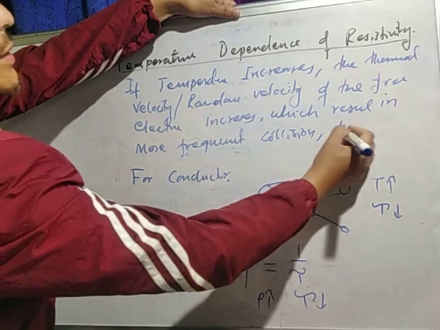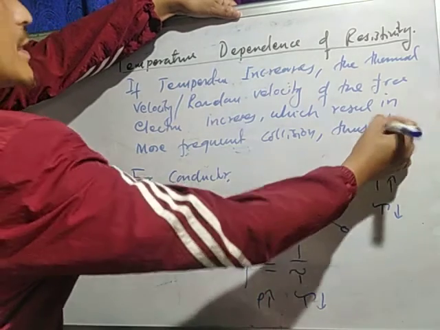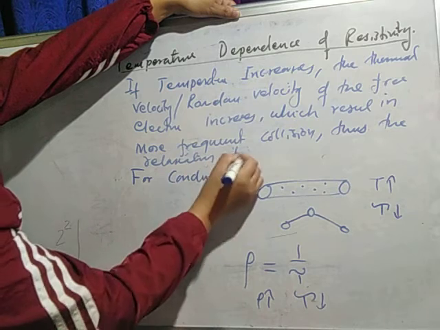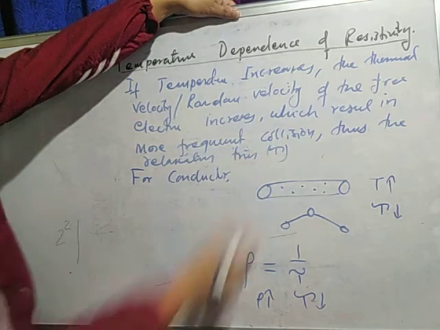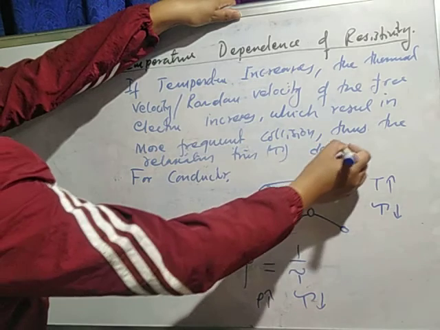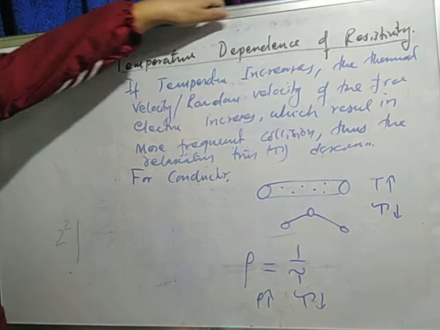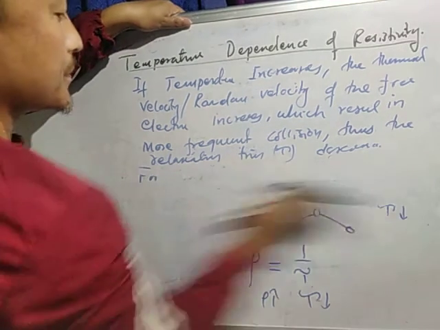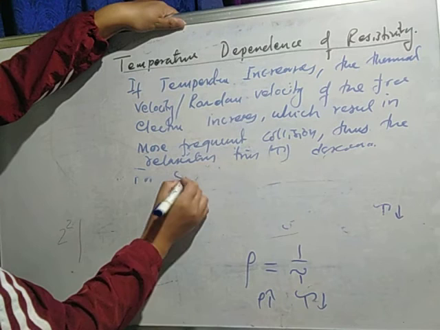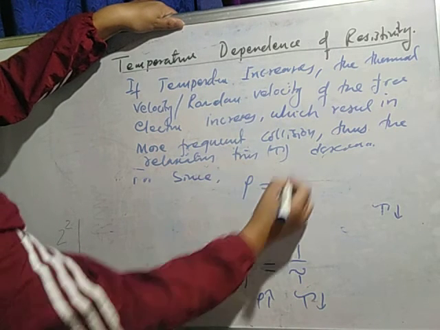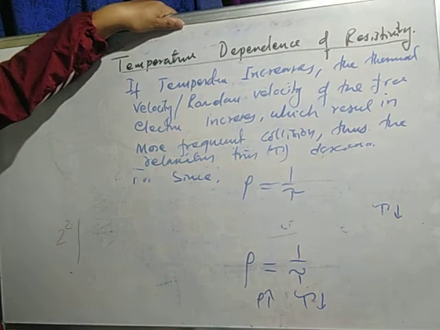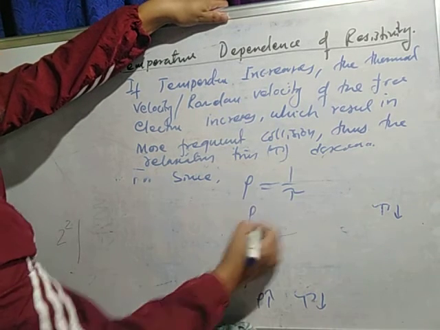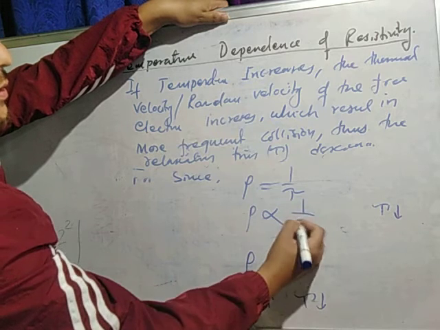Thus the relaxation time, that is tau, decreases. Next write down: since rho equals 1 by tau, you can write rho is inversely proportional to tau.